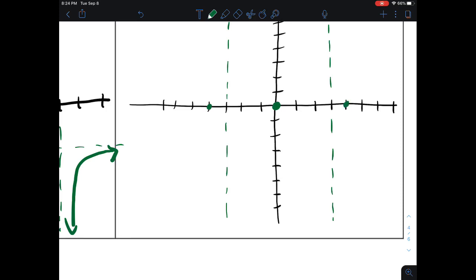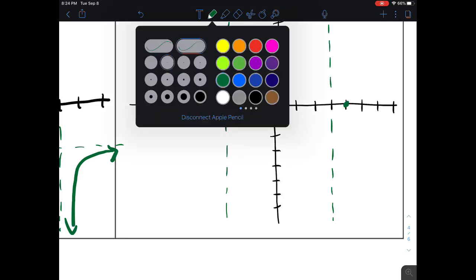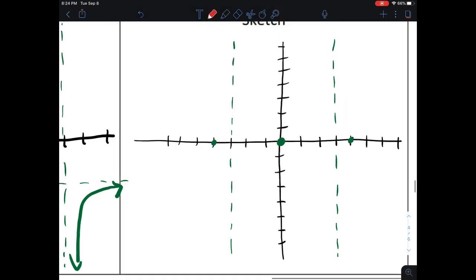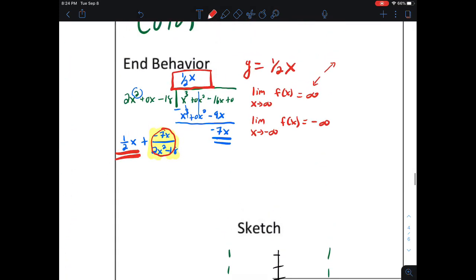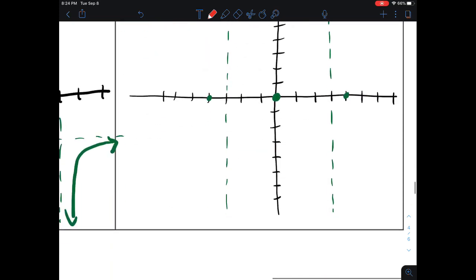And then we have this slanted asymptote. y equals 1/2 x. I'm going to put it in red because that was the equation that I did it in here. So this is my end behavior asymptote. So that line goes through the origin, has a slope of 1/2, so it goes up 1 over 2, up 1 over 2, up 1 over 2, and I'm just going to continue that pattern to give me some dots to connect until I kind of start running out of room.